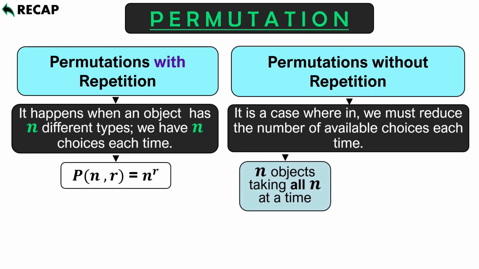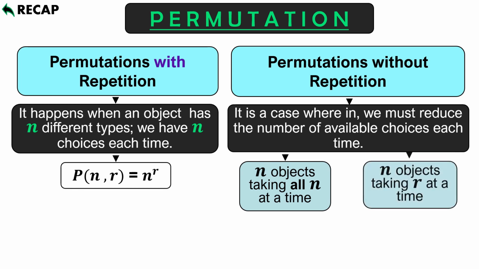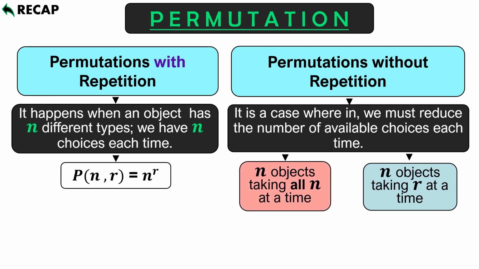Okay, meron ding dalawang case under permutation without repetition: the permutation of n objects taking all n at a time, and the permutation of n objects taking r at a time. In the permutation of n objects taking all n at a time, ibig sabihin nito, in a set of n objects, lahat ay magkakaroon ng pagkakataon na mapili hanggang makarating sa last option.